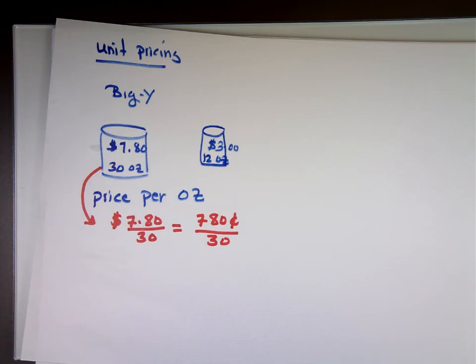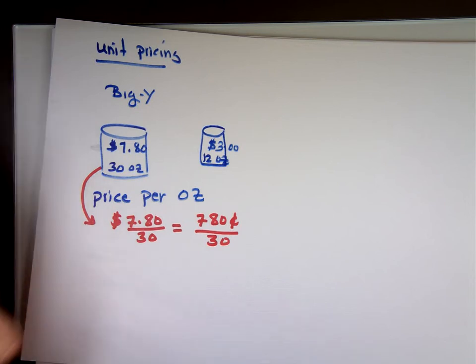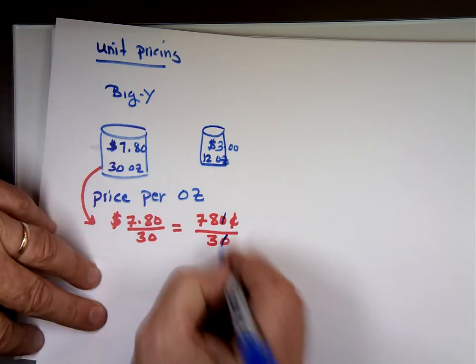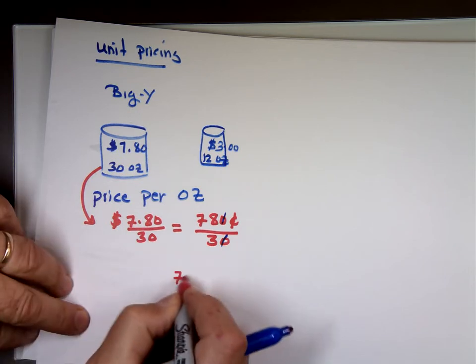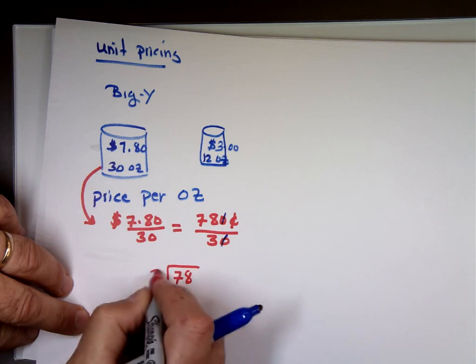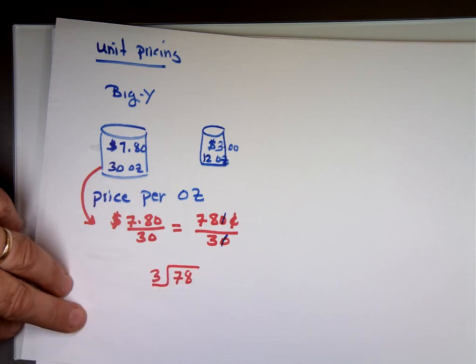So let's find the price per ounce. Well, here's the good news. I can cancel these zeros, right? It's 78 divided by 3. There's my decimal point.